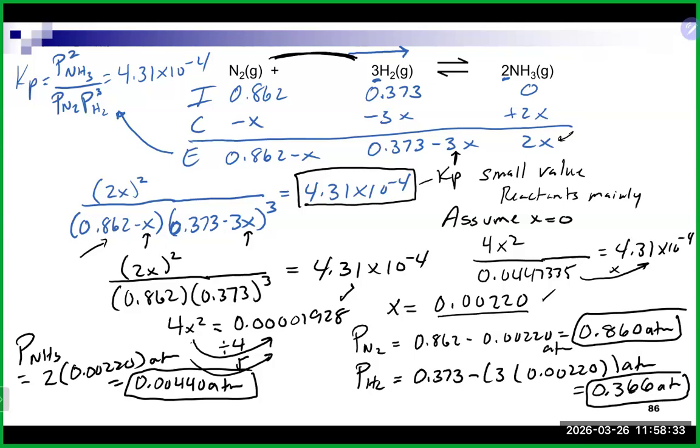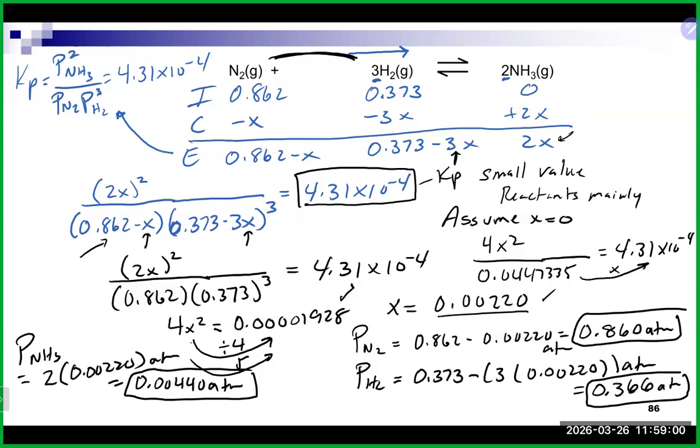No, the assumption is always going to be that you assume X is going to be small. So why did I not do the assumption on the previous examples we did the other day? If we look at the previous examples, we had a K value that's 7, and we had a K value that's 54.3.